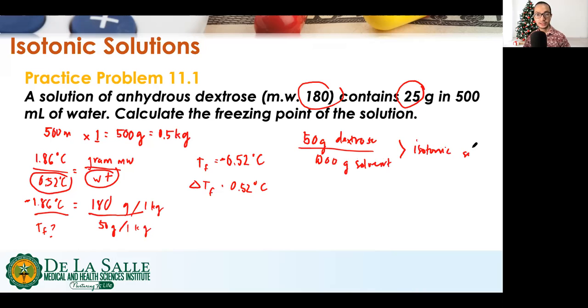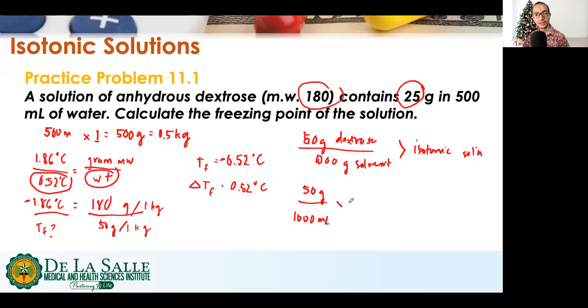Now this is where we will make our assumption. If we assume that the volume of the solvent will be the same as the volume of the solution, then this particular solution will have a concentration equivalent to 50 grams divided by 1,000 milliliters of the solution.